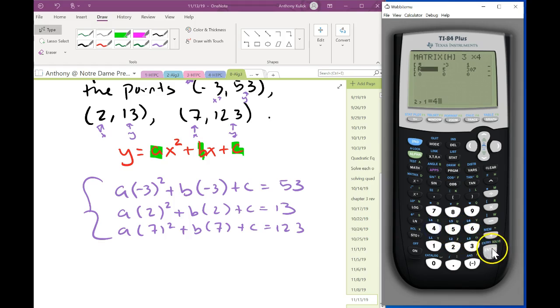And then I would just do the same thing for each of these rows, just going down, doing the same thing. Everybody okay with how I entered that in? And then we'll just do the RREF on that matrix that we just made up.